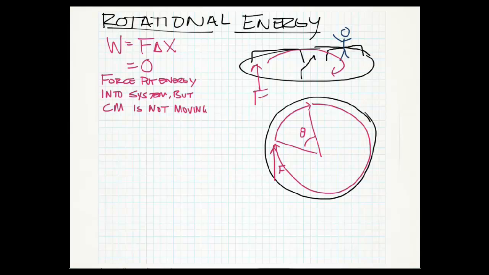And that says something very important. That says that the kinetic energy, or the translational kinetic energy, that's usually 1/2 mv squared, is zero. Because the center of mass isn't moving, there's no velocity to that part of the system, and so it doesn't have any translational kinetic energy.